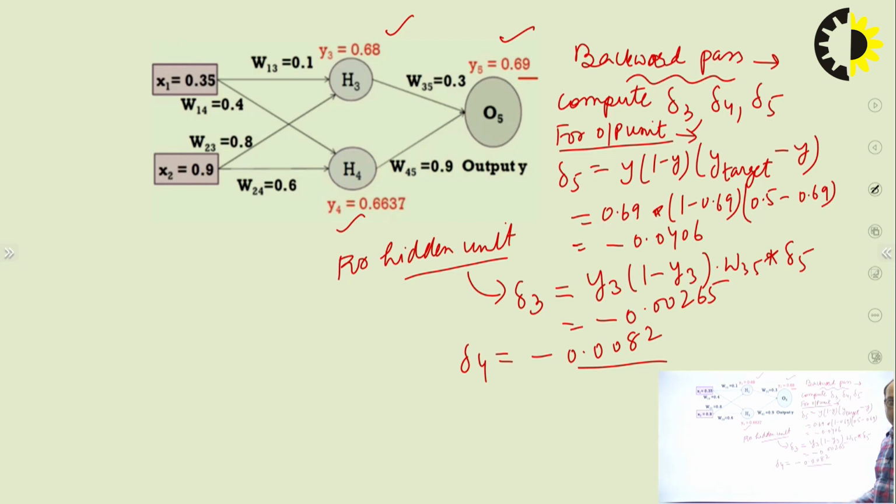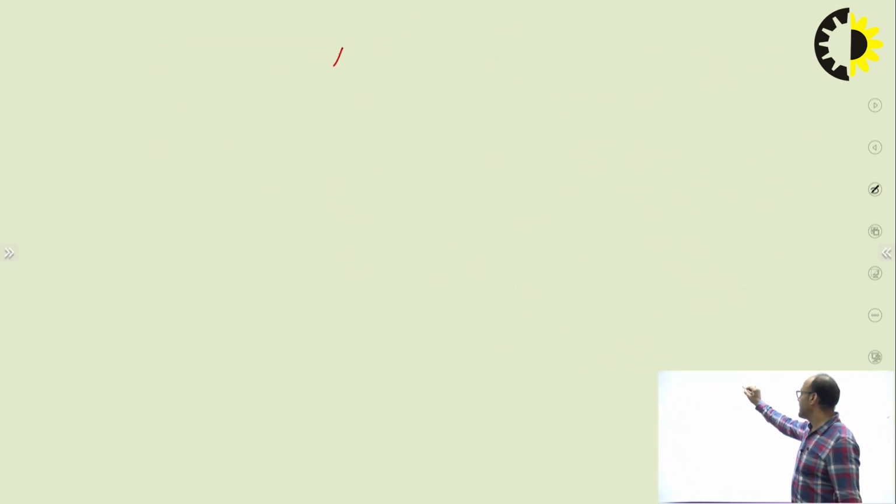Now using this we will modify the weights. How will the weight be computed? The same delta W terms will be used here. For example, delta W for 5 will be calculated, I will show you the illustration of this: eta, delta 5 and y4.